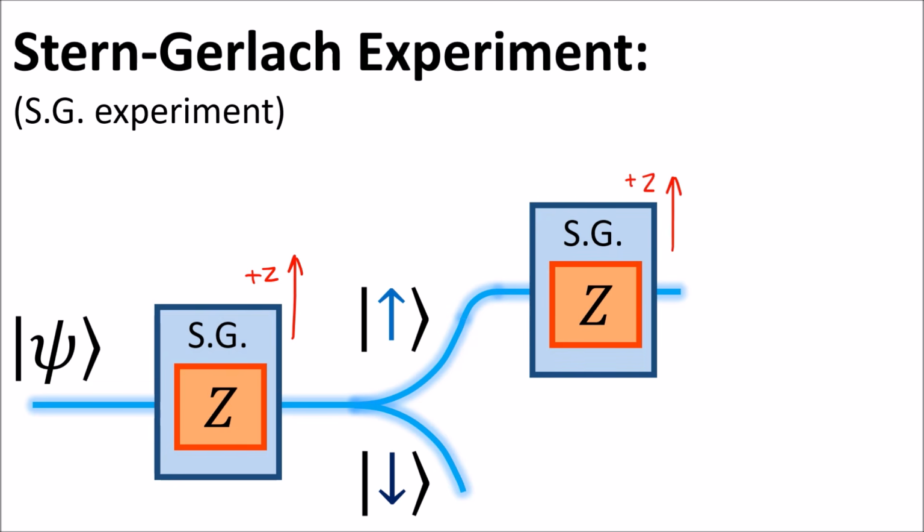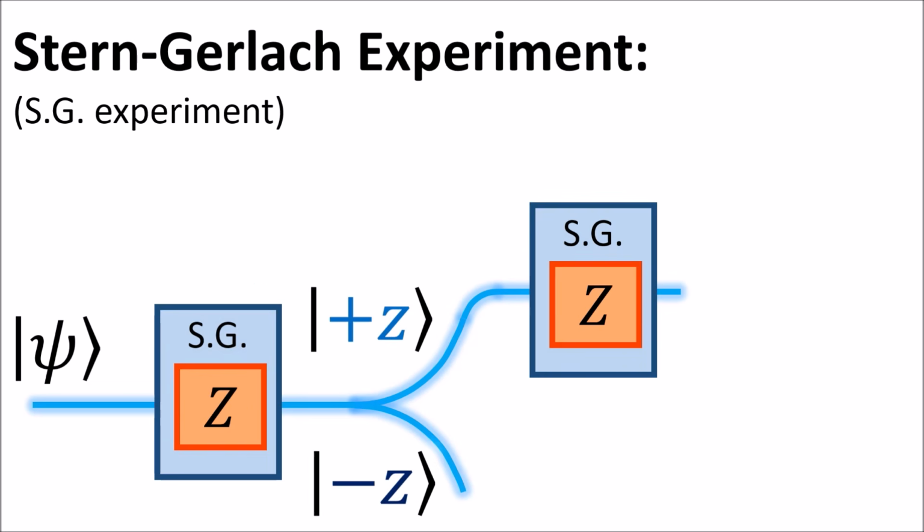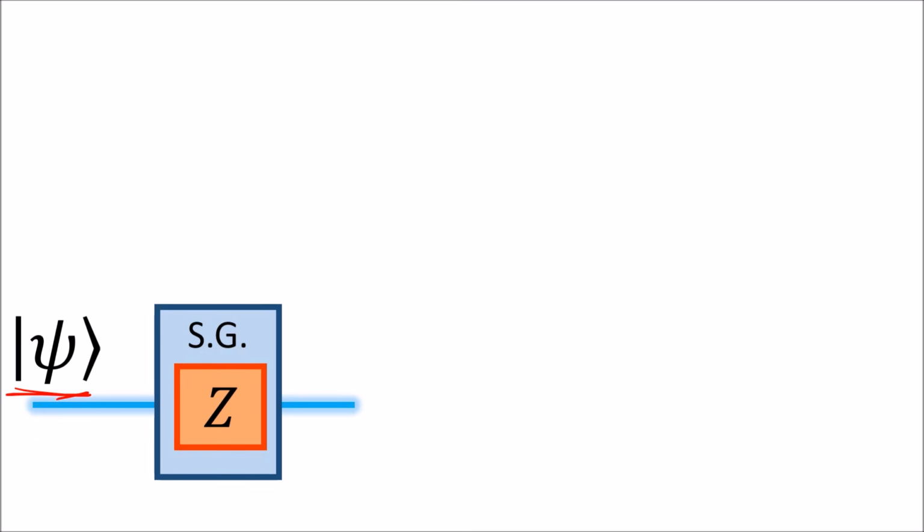I'm also going to rewrite the spin up and spin down states as plus Z and minus Z, indicating the coordinate directions that the particles are deflected in. Let's say that the particles in the initial beam are in some state psi. After going through the SG apparatus, they collapse into one of two states, either spin up or spin down.